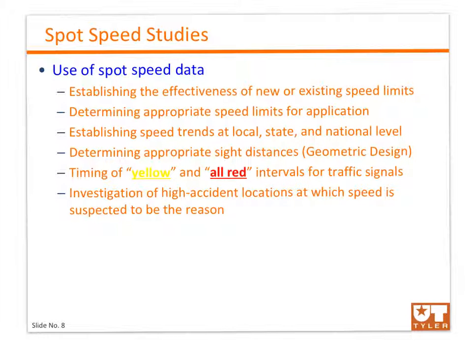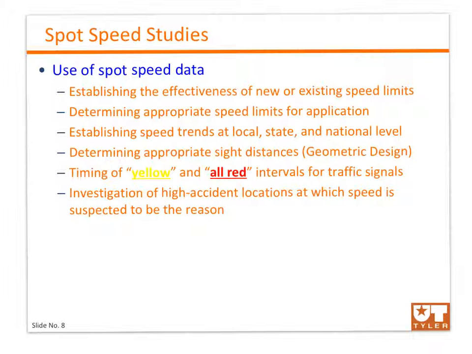Third, we can establish speed trends at local, state, and national levels. That's very important to know, whether people are increasing their speeds more than the speed limit, or is it less, from the local, state, and national perspective. We also use it for determining appropriate sight distance, which we use for geometric design.